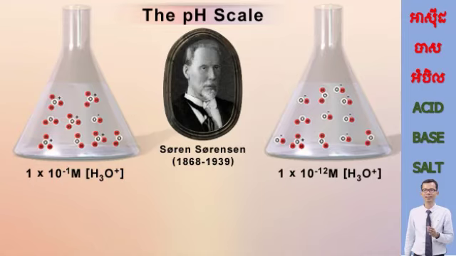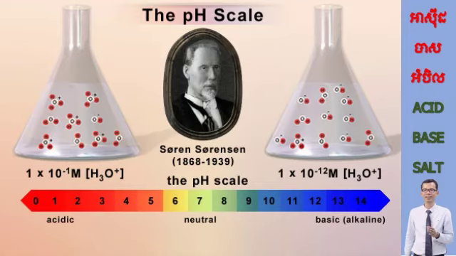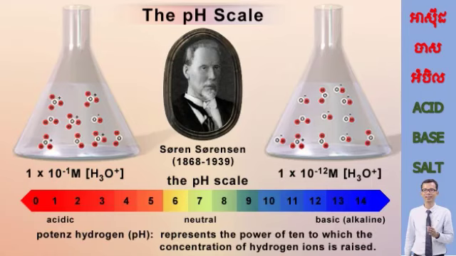Sørensen's scale, known as the pH scale, ranges in numerical value from 0 to 14. The abbreviation pH is derived from the German phrase potens Hydrogen. Potens, the German word for power, describes the exponential power of 10 in the hydrogen ion concentration that each unit of the scale represents.